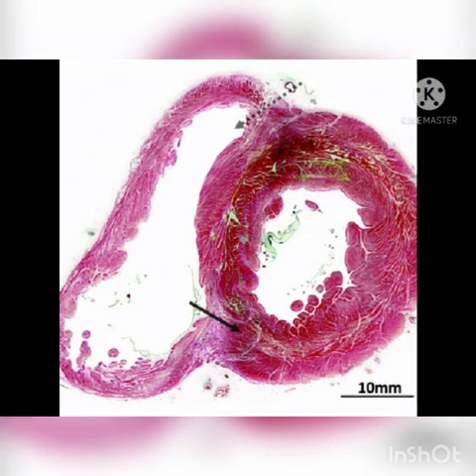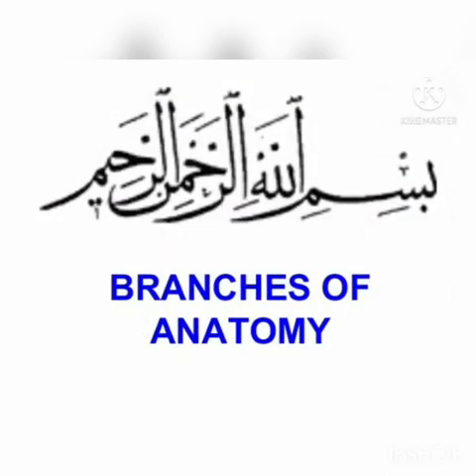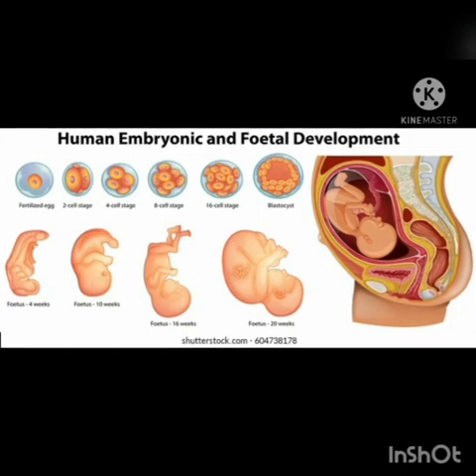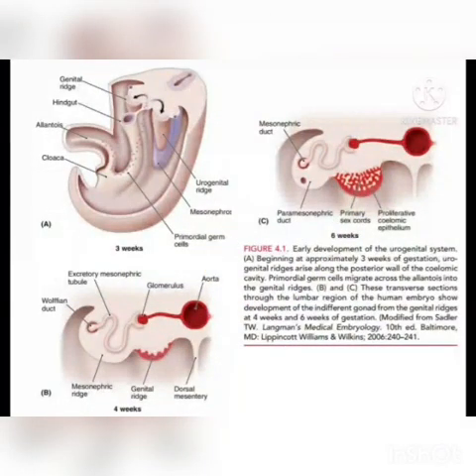The next, of course, very interesting branch of anatomy is embryology or developmental anatomy. That deals with the development of a human right from the zygote to the embryo and the fully developed fetus.